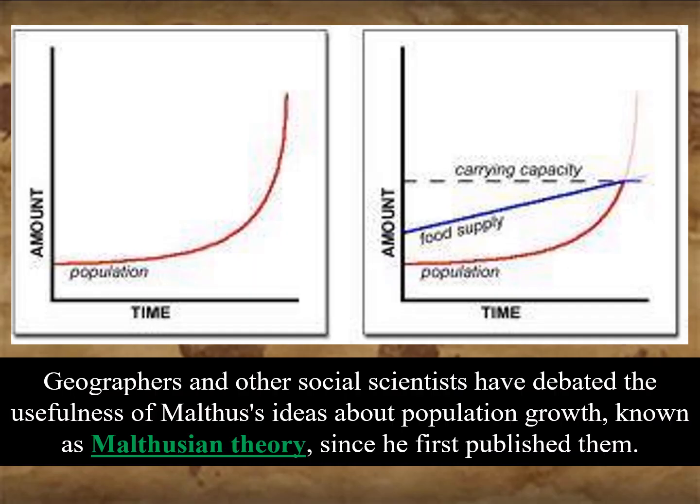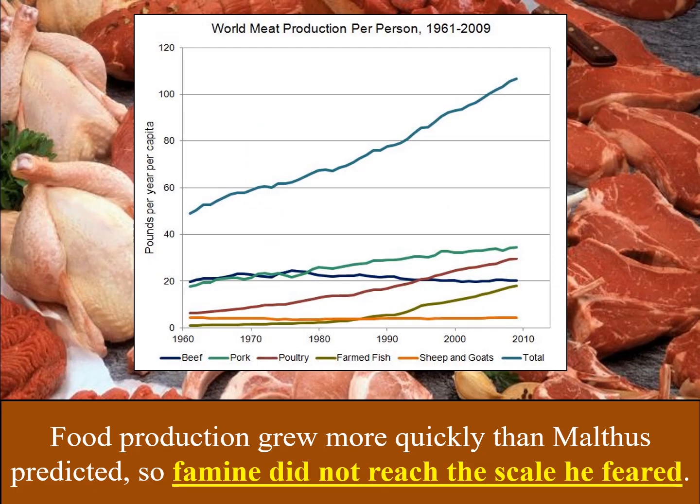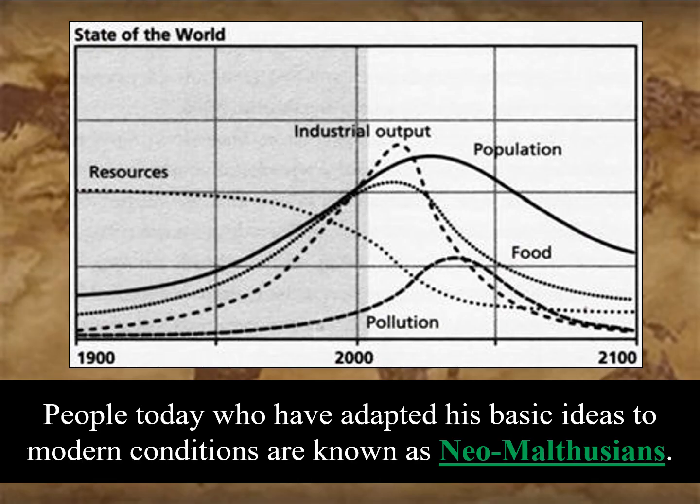Geographers and other social scientists have debated the usefulness of Malthus's ideas about population growth, known as Malthusian theory, since he first published them. Food production grew more quickly than Malthus predicted, so famine did not reach the scale he feared. People today who have adapted his basic ideas to modern conditions are known as neo-Malthusians, and the prefix neo just means new.